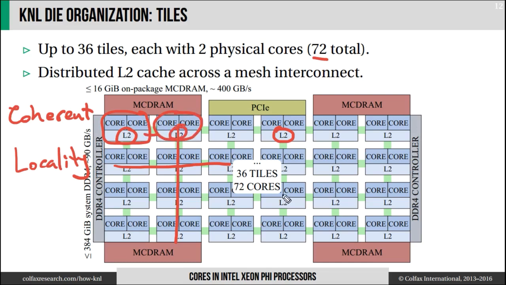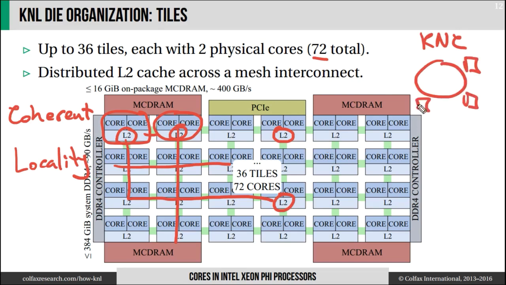And finally, if you have to talk to a remote neighbor's cache, this is going to give you the longest latency because the traffic may need to make more than one hop. At the same time, this mesh organization is an improvement over the first generation of Xeon Phi, because in Knights Corner processors, there was just a single ring connecting together all of the cores.